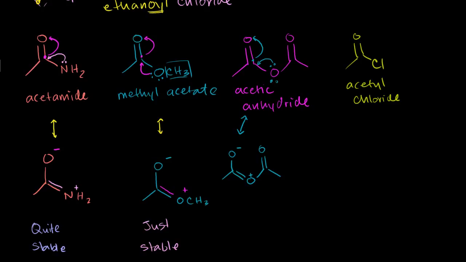You could also have a situation where instead of the electron being donated to this carbon bond and that happening, you could have a situation like this, where the electron gets donated to that carbon bond, and then this electron gets taken back by that oxygen. So you would have a situation where this acyl group still looks the same, bonded to this oxygen, but now we have a double bond over here.